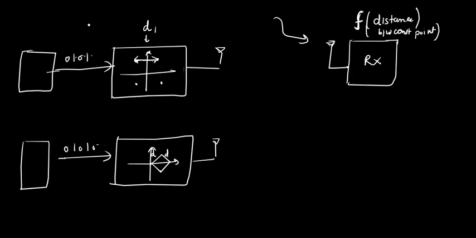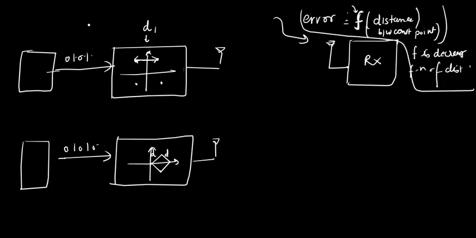So the performance will improve if distance is more, or you can say error will be less if distance is more, where f is a monotonically decreasing function of distance. Something like that, right. So somebody just told you this: as you increase this distance, the performance will improve, correct.